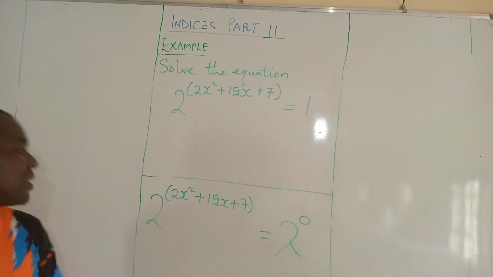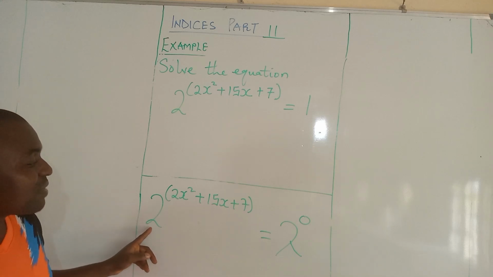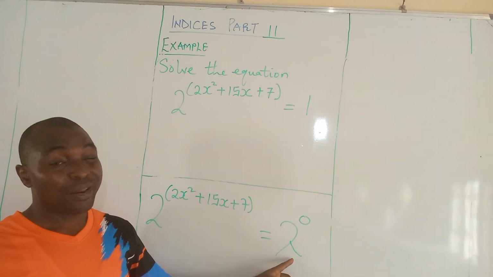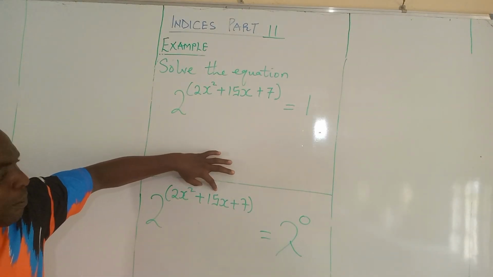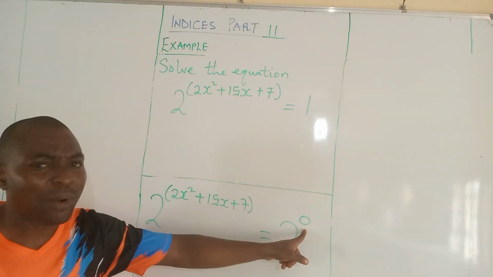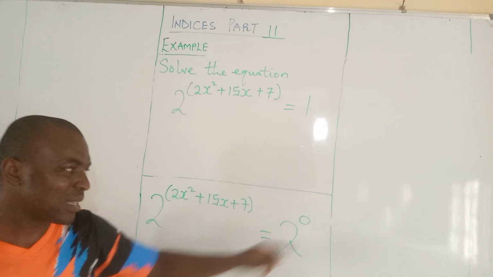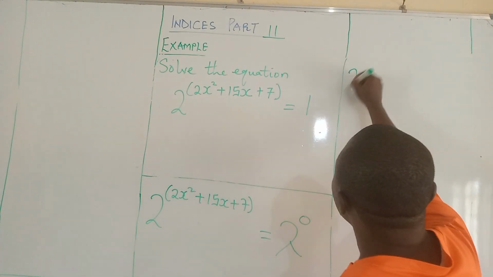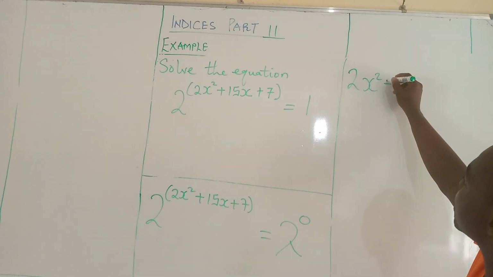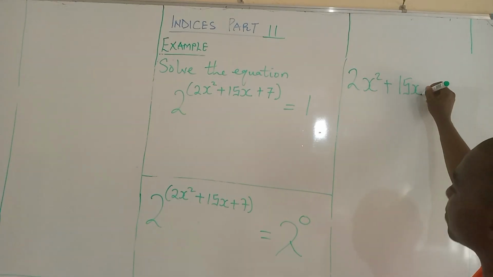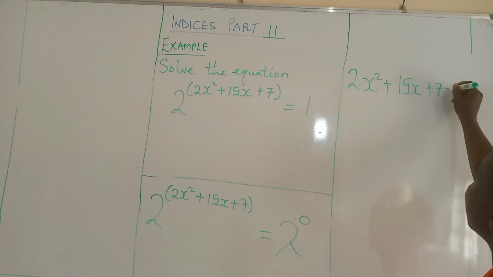At this point, when the bases are equal, it also means that the power in the left hand side must be equal to the power in the right hand side. So that means that 2x squared plus 15x plus 7 is equal to 0.